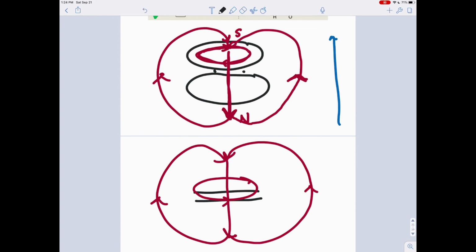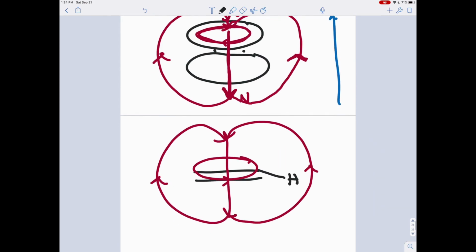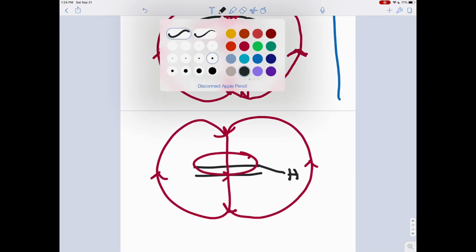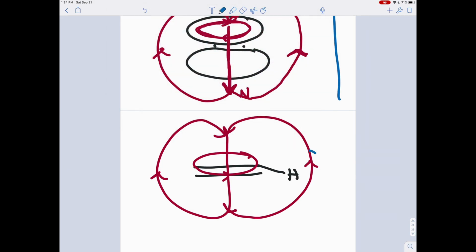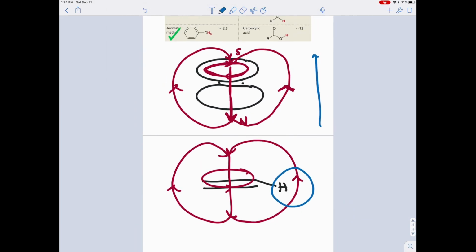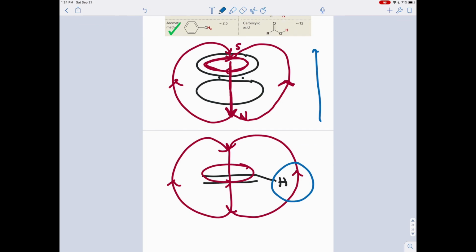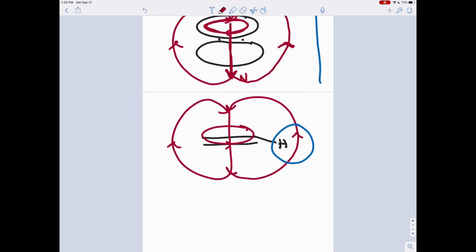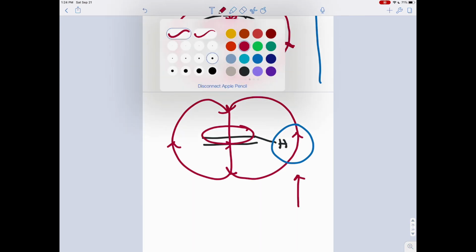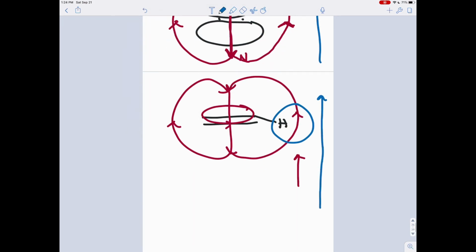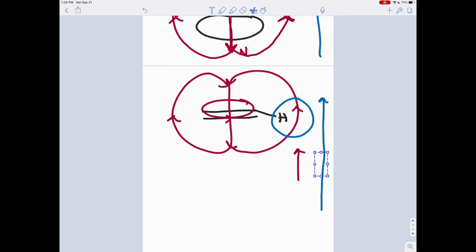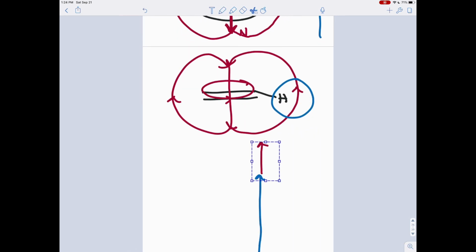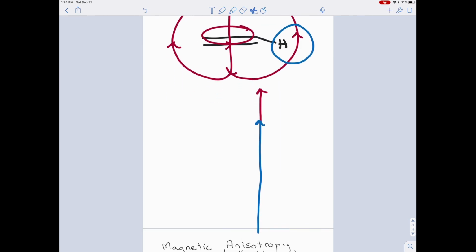And so if you're a hydrogen coming off of a double bond, you're feeling this magnetic field a lot. That is in the same direction as the external magnetic field. So they add together, and the net field is bigger. So when you try to flip the nucleus of that hydrogen, you need more energy to flip it.